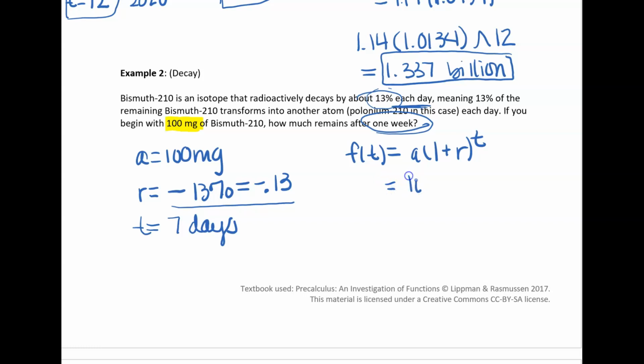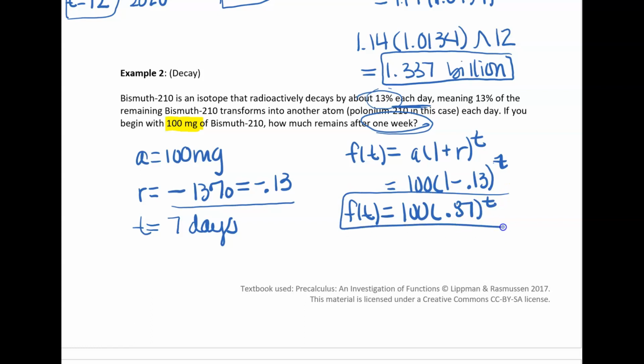So this is going to be equal to 100 times 1 minus 0.13 to the t to get our function. And so our final function would be 100 times 0.87 to the t. So there's your function we've created.